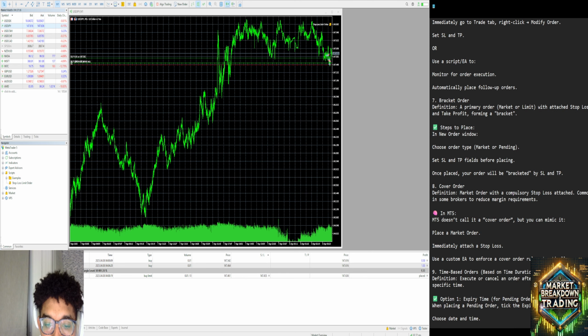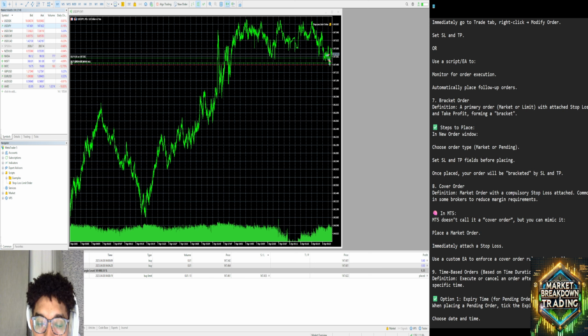Then we have bracket orders. These are orders that basically have 3 orders bundled into one. You enter a new position with a target, so a price target, a stop loss, and a bracket order is innately also a limit order. For every time you put in a bracket order, 2 other corresponding orders get placed, right?